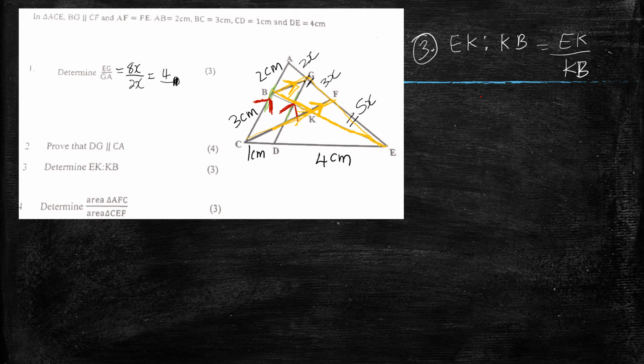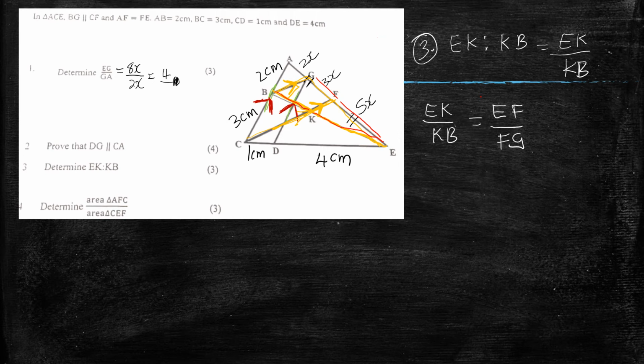So let's just go and get the ratio. It's EK over KB. It will be equal to what? It will be equal to EF over FG. We said EK corresponds with EF, this side, over FG. So what we are doing really is to say this one over this one will be equal to this one over that one, because there's a line parallel to one side of the triangle.